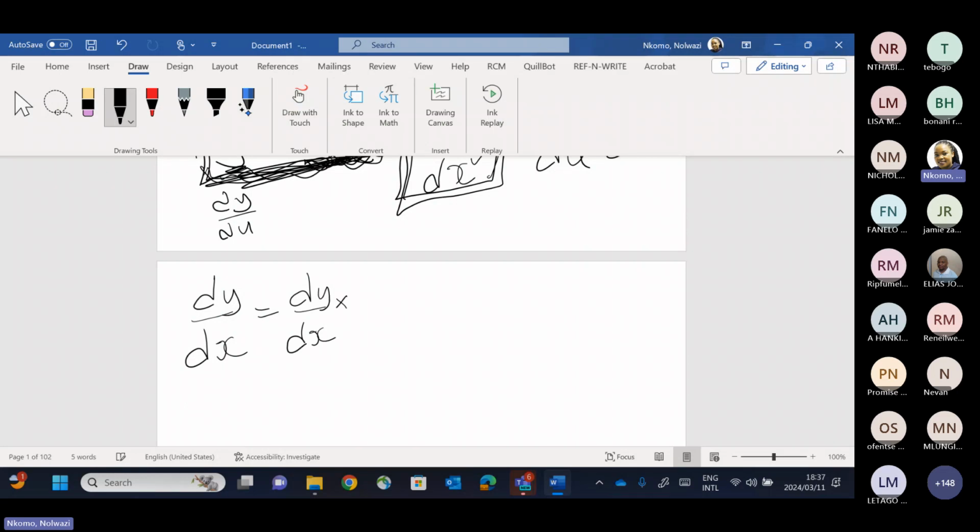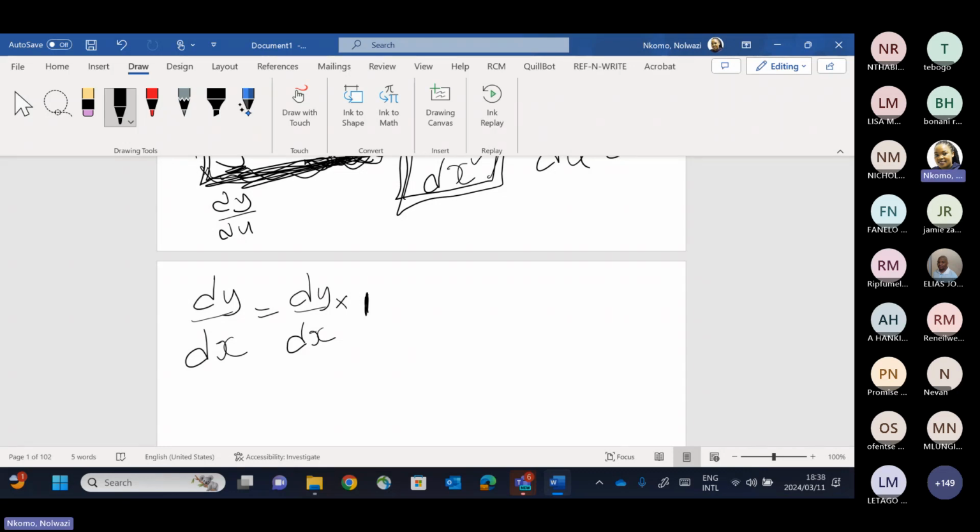I can multiply this with 1, right? Anything multiplied by 1, you'll get that same thing. So the answer is still dy over dx, right?